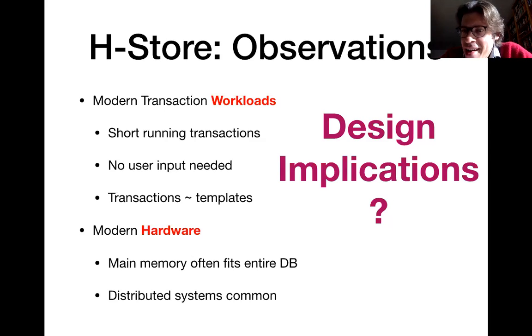Okay, very good, yes, exactly. Initially we said we don't want to execute transactions serially because of long-running transactions, because of waiting for data from hard disk. But now we are in main memory, so we don't wait for data from hard disk anymore, and all of our transactions tend to be short running.